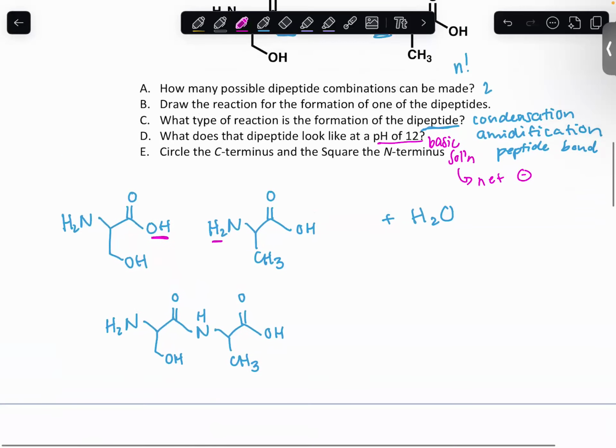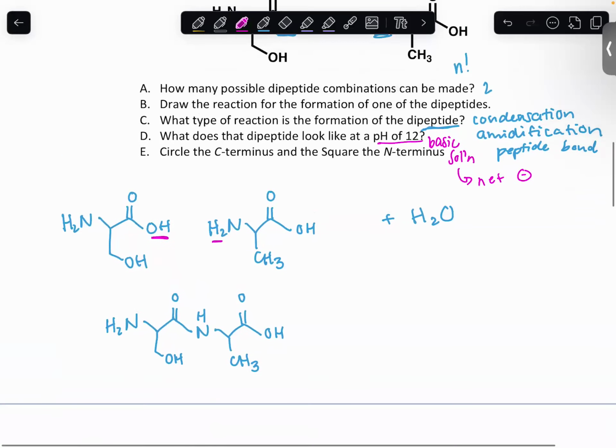C terminus is left or right? N terminus? There's 2 N's here. The one that's on the end.